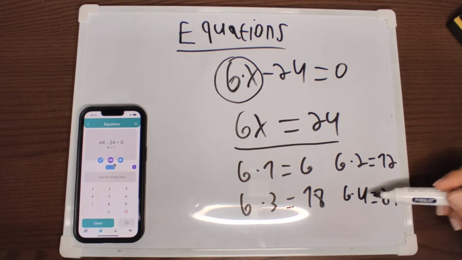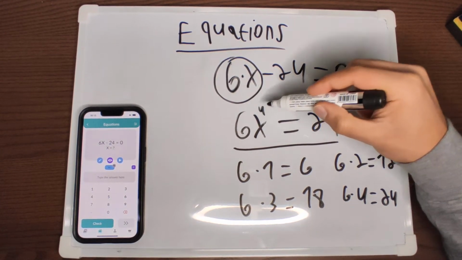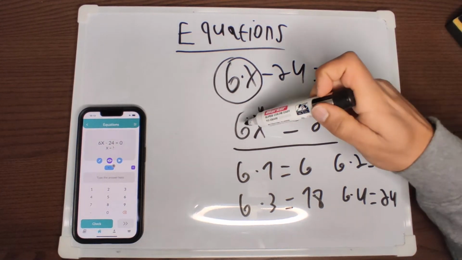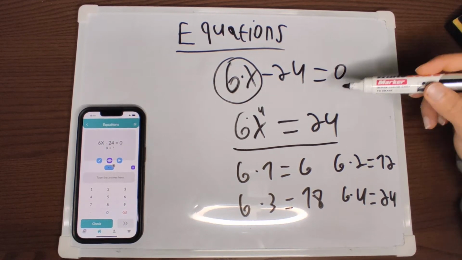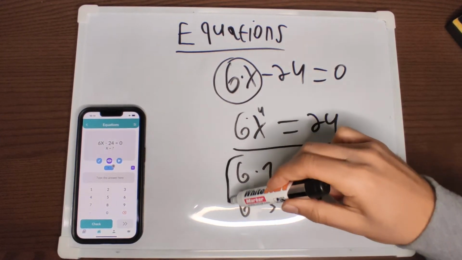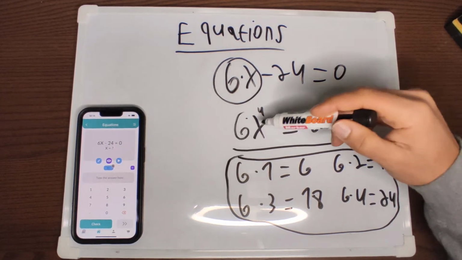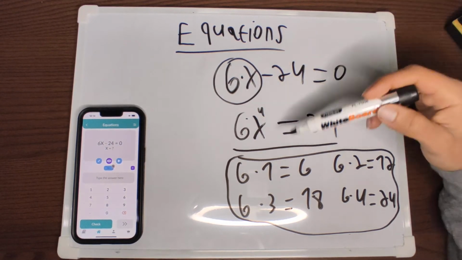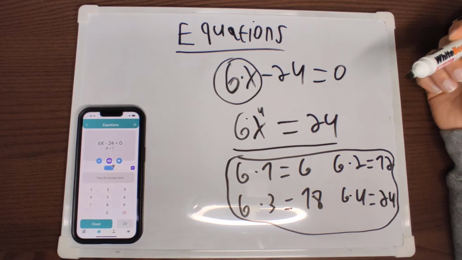Oh, okay, so if I replace the x here with a 4, the equation will be correct because 6 times 4 is 24. But of course, I can't go through all the possibilities every time. If the result was 145, then I would have to go over all the possibilities. It doesn't make any sense.